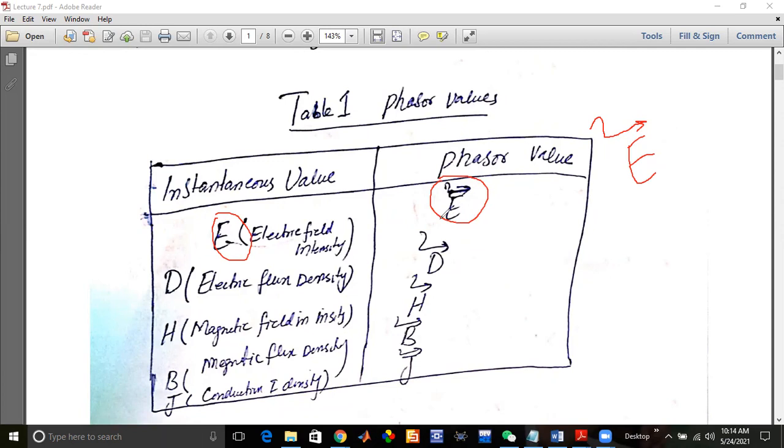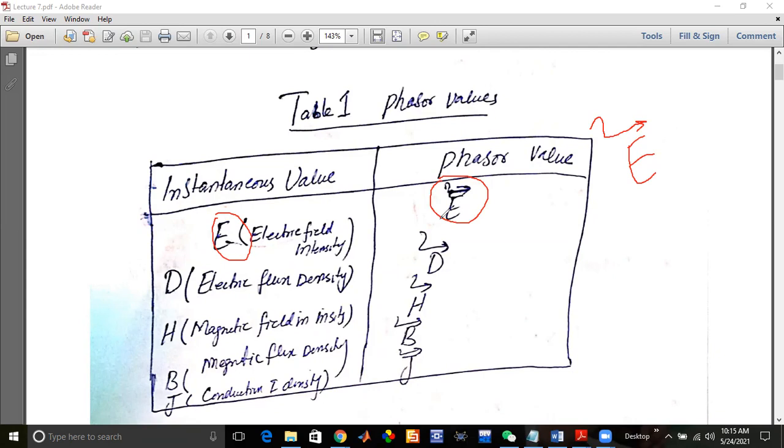And this is your reading assignment: study the Maxwell equations from your previous electromagnetic field theory course. Here we will use these equations, convert them into phasor form, and by using the four Maxwell equations we will derive the wave equation for the light wave in a lossless medium. These are some notations that we have already studied in electromagnetic field theory.